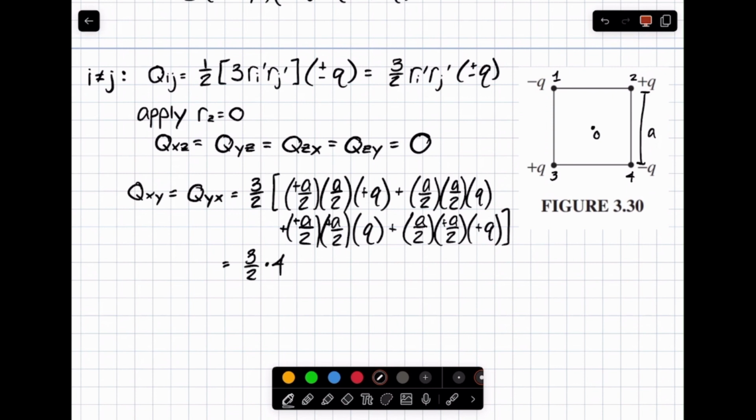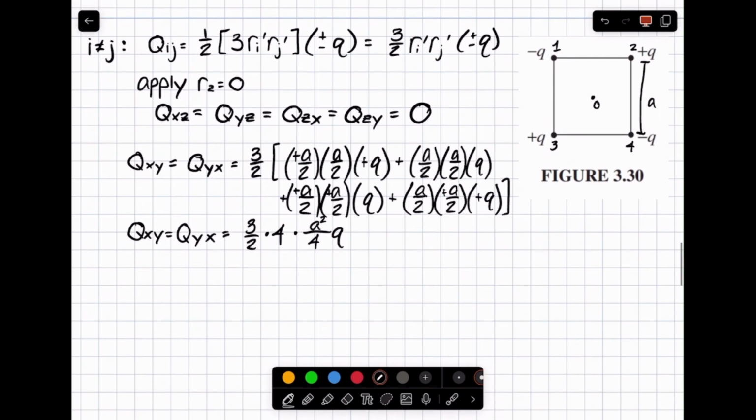And let's evaluate one of these terms. a squared over 4 times q. So q_xy and q_yx are equal to 3/2 a squared times q.